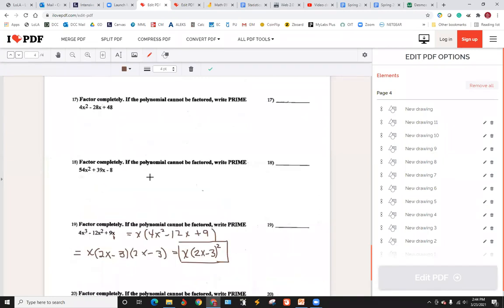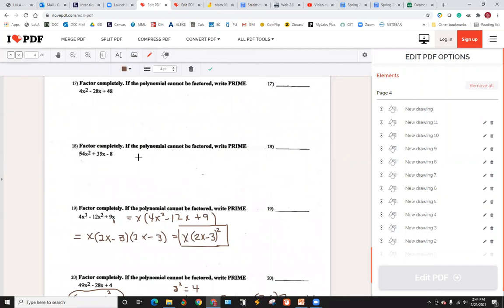So what we've got to do is that long method like I use, or you can use whatever method you do know about, because as I said, there are other methods, and that's the method I use in order to factor trinomials of this type. Remember, when the number in front of the x squared is more than 1, then it's not as simple as just finding the two numbers that multiply out to be the last number and add up to be that. We have to use a slightly different method.